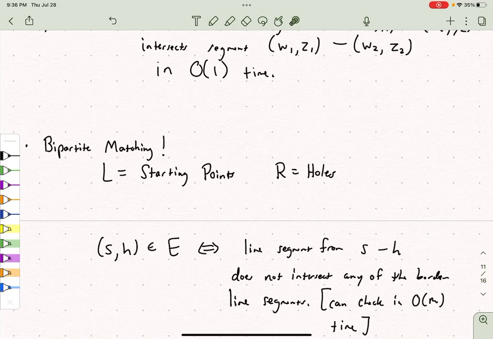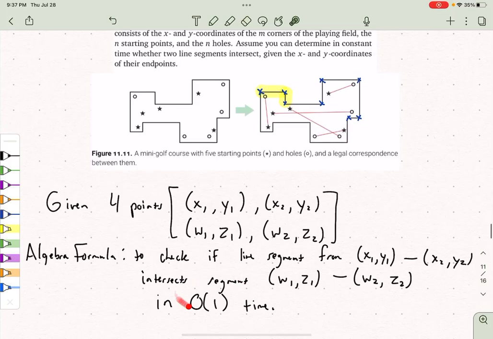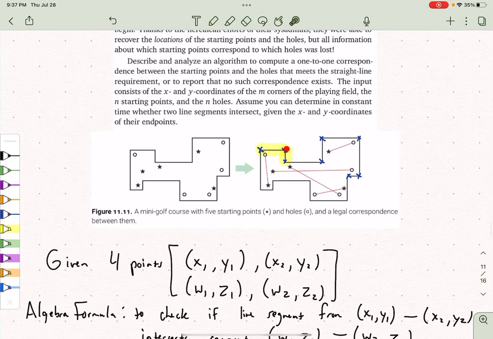So how do we check that? Well, we can check it in O of M time by literally looking at two pairs of points on the border, computing the line segment, and then using the constant time algorithm we're assuming we're given, and just checking would this line segment intersect the line segment between that hole and that start point.